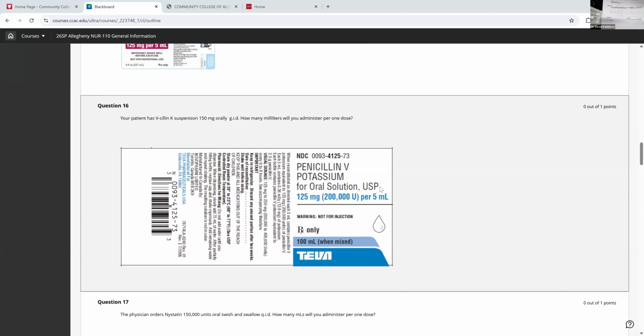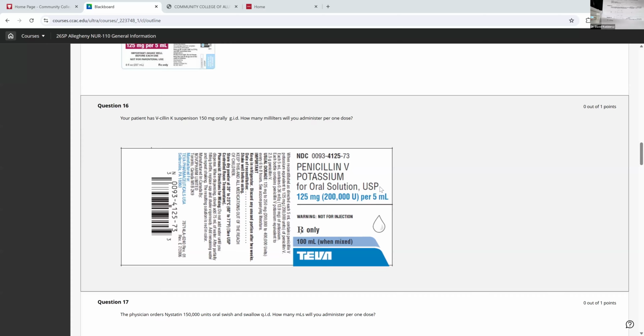What I find, especially with students who say, I got this, I don't need to go meet with that Dr. Rad guy, he sounds annoying, I don't think it's going to be helpful, at least tell them about this label, because this is a label that trips up even the best students who have a good grasp of the math. This comes down to being able to read the label.